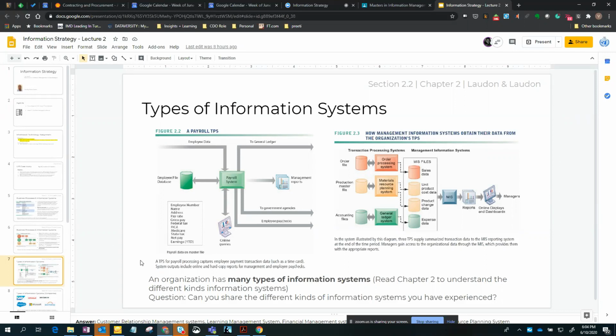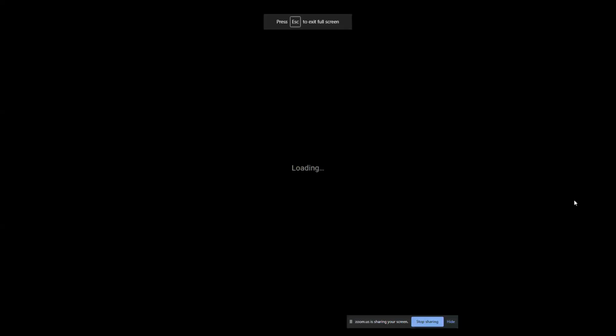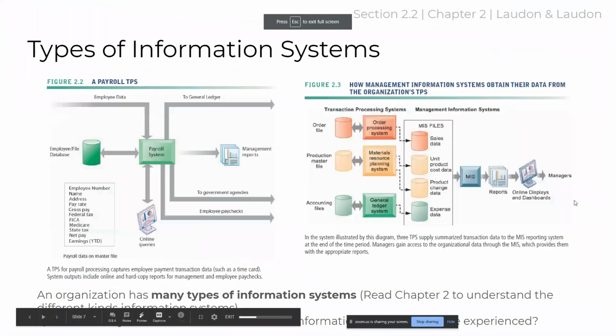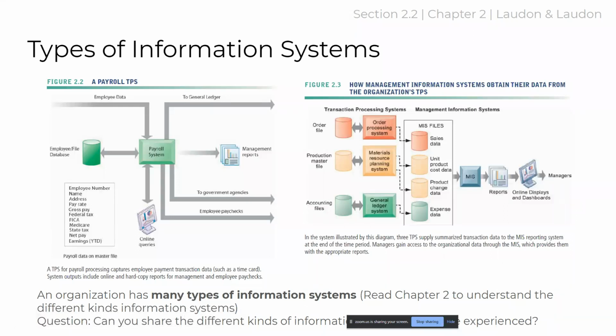Then I think this is probably the last or second last point for today to understand. There are a lot of different types of information systems, right? So for example, there's a payroll information system, or a payroll system, which is taking employee data and taking the general ledger, which is the accounting data of the company, and then saying, hey, these are the salaries to be paid out, like employee paychecks go out.